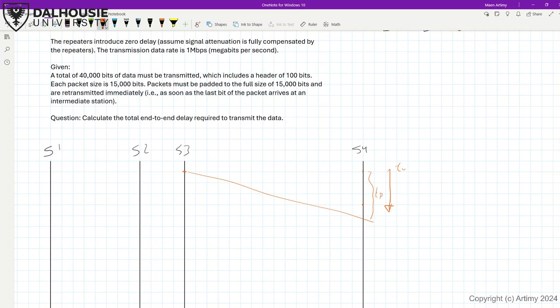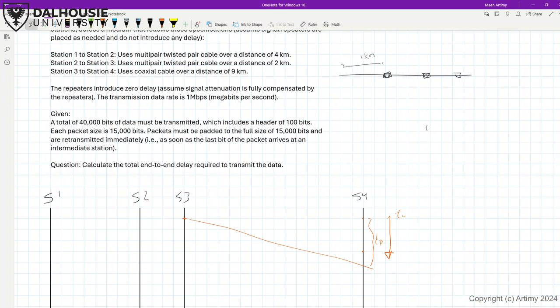If there are repeaters, like this picture at the top here, what will happen? The signal will travel up to the repeater, and the repeater will introduce a delay, so the signal will look like this on the time scale.